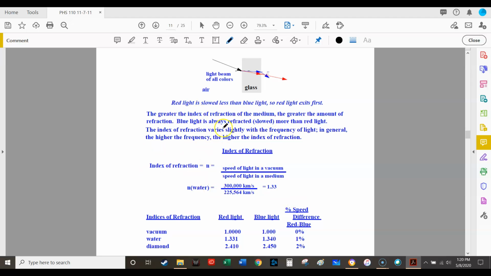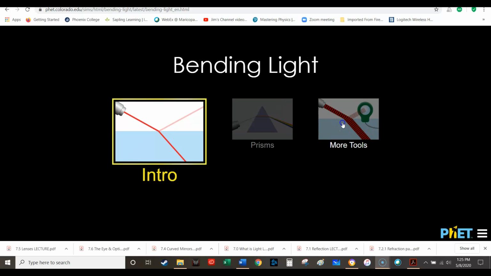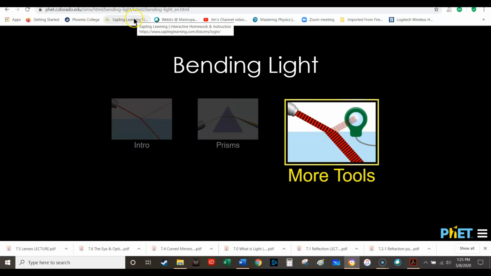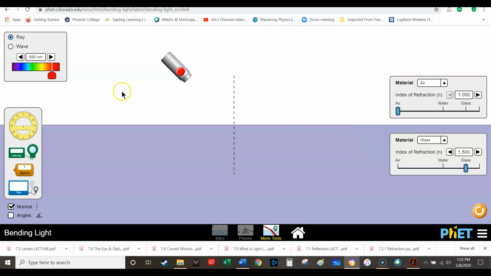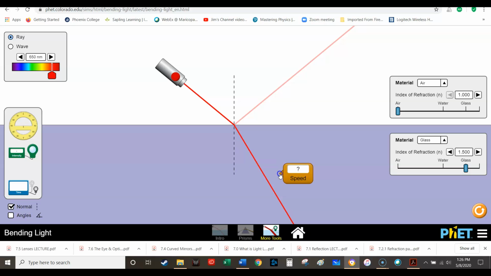Again, this is Snell's law, and just to confirm this, we've taken some data here, and you could do this in the light lab, and I'll show it to you in a second. So if I go to more tools on that light lab, that link to the light lab, and I put it there in the system. So if I send this, I'm going to shoot a light ray through, and there's a little speedometer on this.